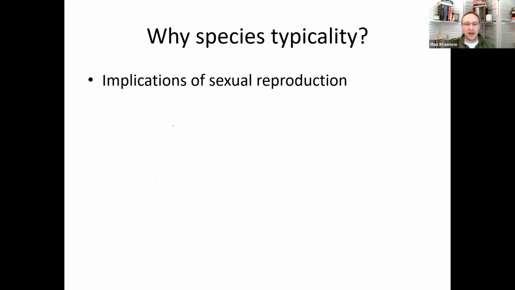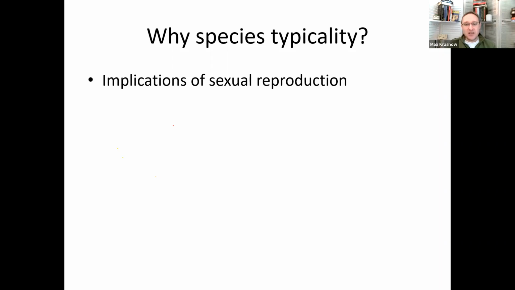And this intragenomic conflict clarified why we need to take a gene's eye view when thinking about selection pressures. Now we're going to think about another major implication of sexual reproduction. And this one is going to lead to the conclusion that adaptations must be universal within a species, and that we should expect a species typical nature.